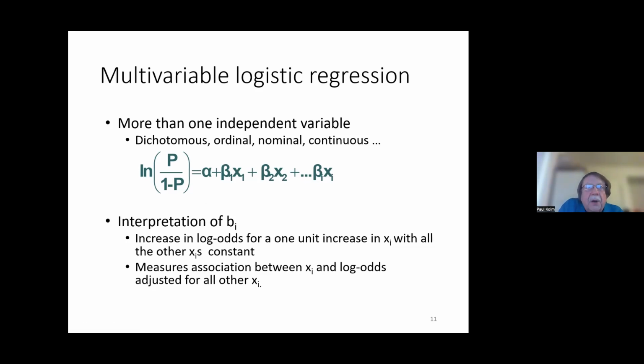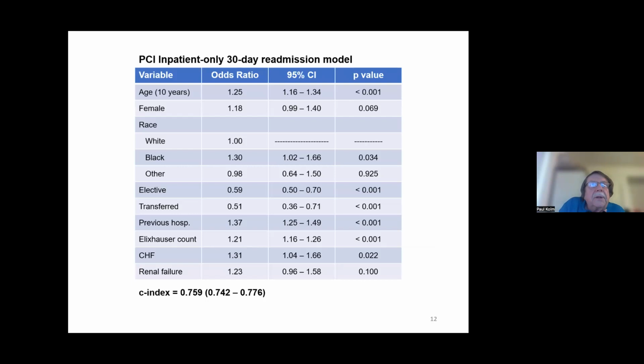Okay, so I want to show you an example of the output from a particular study we did some time ago, and the interpretation of the odds ratios. This is looking at PCI, percutaneous coronary intervention or stenting patients, and looking at whether they were readmitted within 30 days.